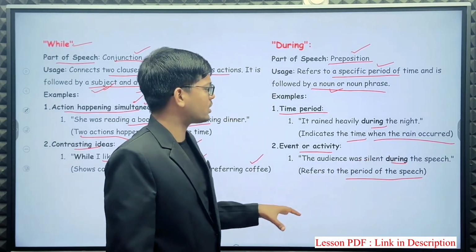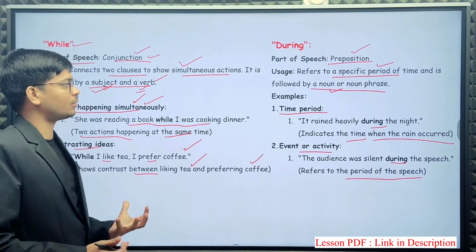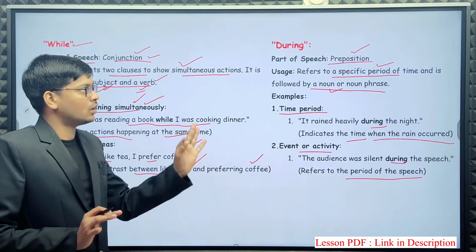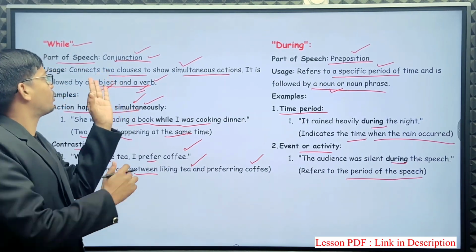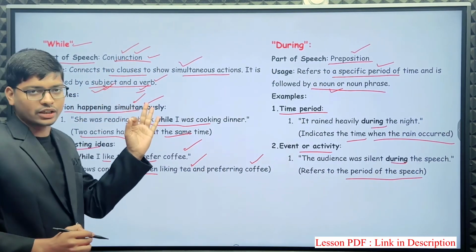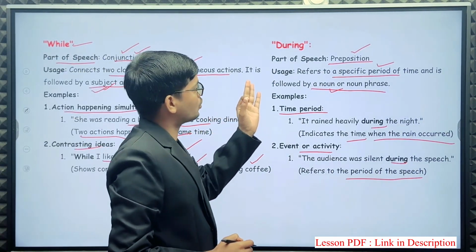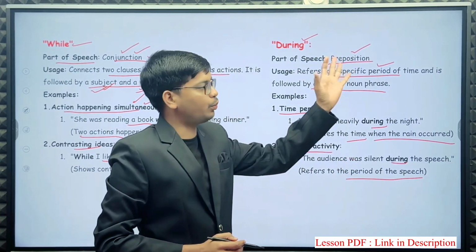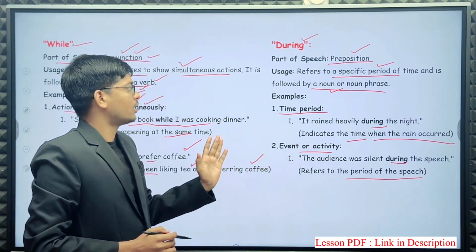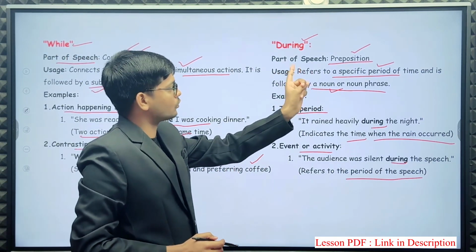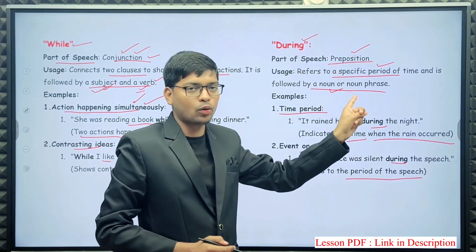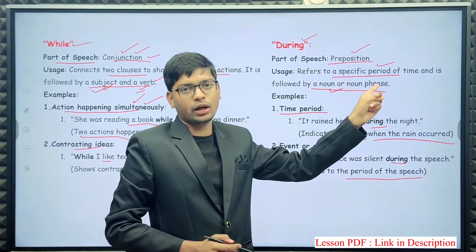So guys, you understand something. First of all, you must remember that while is a conjunction, and during is a preposition. During refers to a specific period of time and is followed by a noun or a noun phrase.